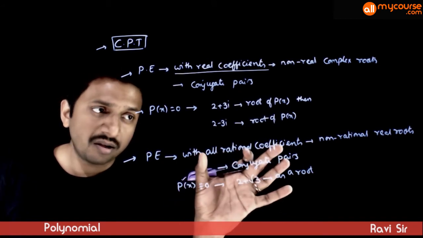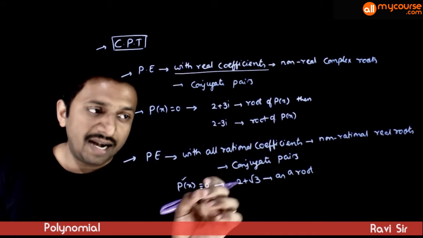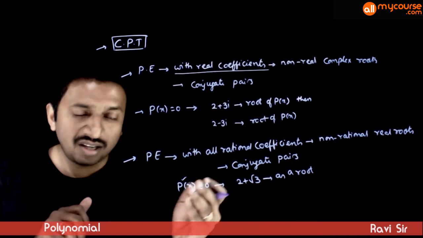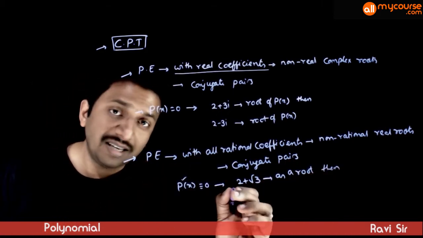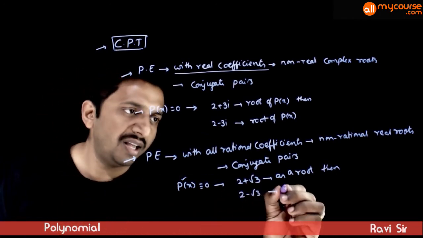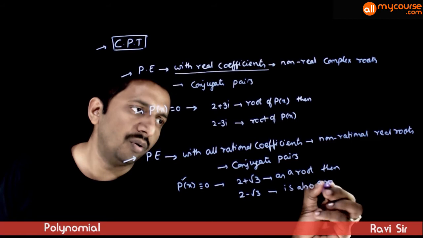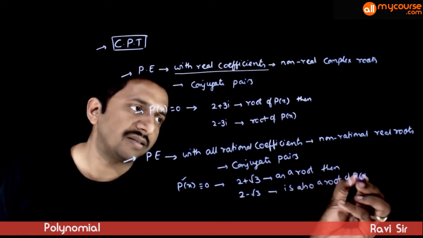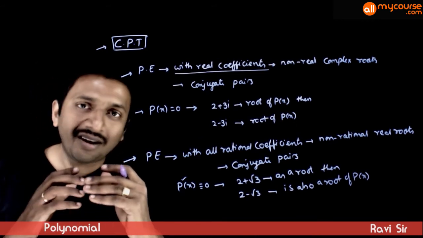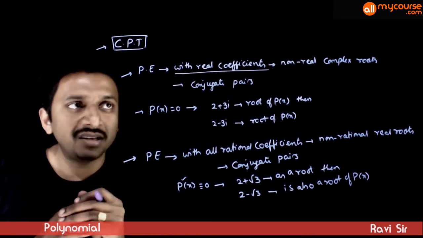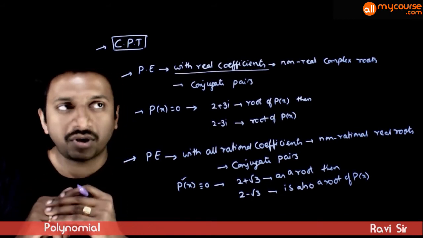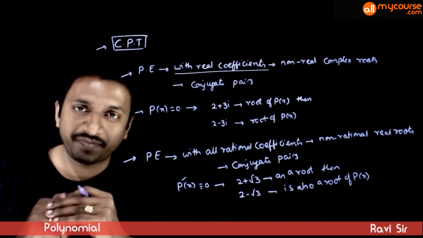If the coefficients are all rational, and if 2 plus root 3, an irrational root, is a root of this equation, then its conjugate 2 minus root 3 will automatically be a root of p of x. So if the coefficients are all rational, then irrational roots always occur in conjugate pairs. If the coefficients are all real, the non-real complex roots always occur in conjugate pairs.